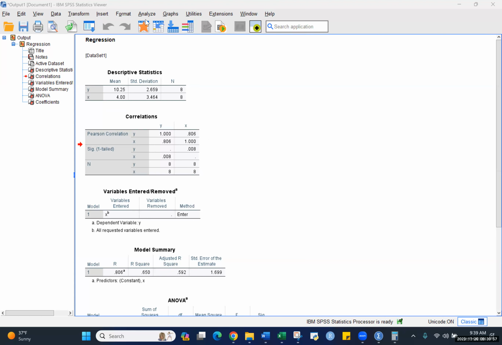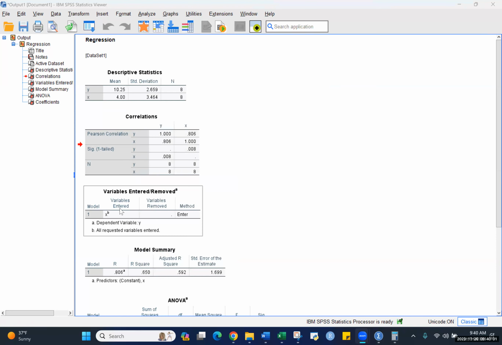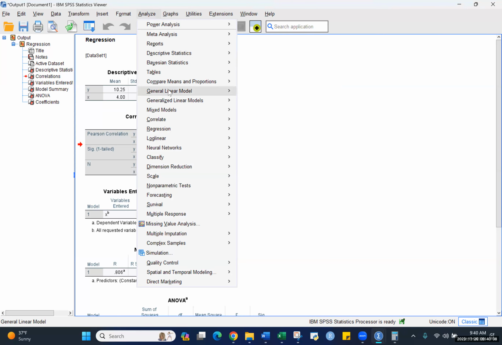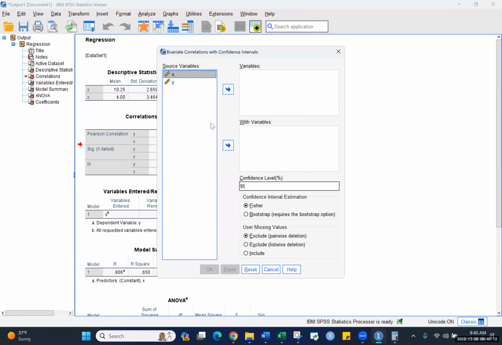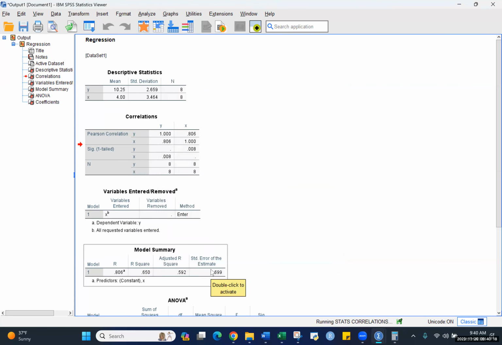Before I leave, let me go ahead and show you, you can also just ask for the correlation. You notice the correlation came out here because I asked for it in the menu settings, but you can actually go to analyze, correlate, and then you can do bivariate, and then you can just arrow over X and Y, hit OK.